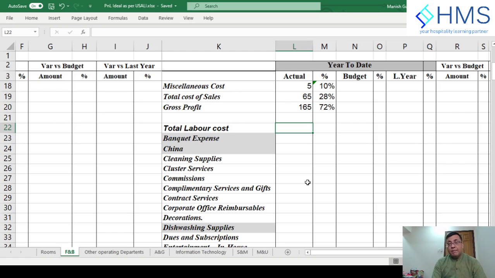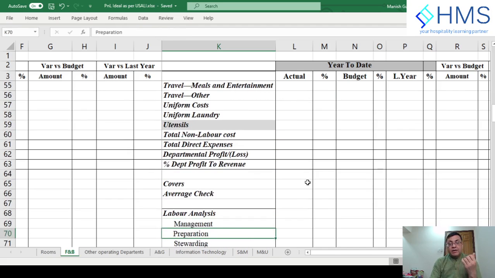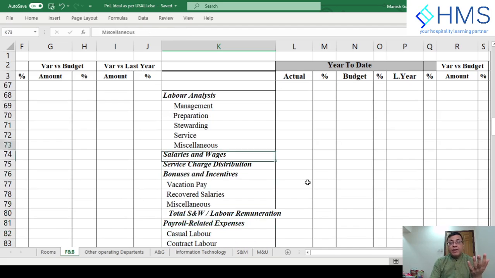Just like other departments, room labor cost also has more details, which we have already discussed in our previous videos. But instead of putting all the details into the P&L and making it super long, we have put them into a separate annexure, where we discuss the labor cost by management, preparation, stewarding, service, miscellaneous, and also these other line items where we compare the recovered salary, miscellaneous.